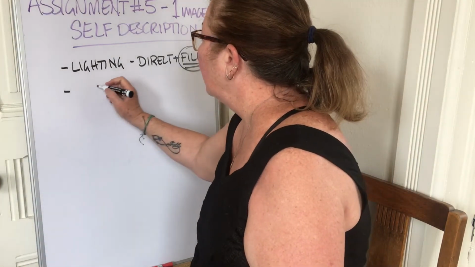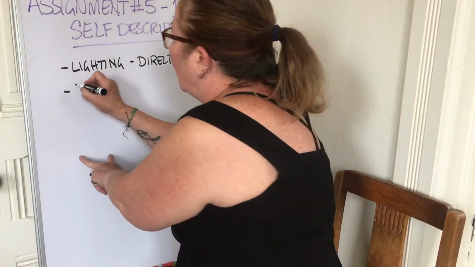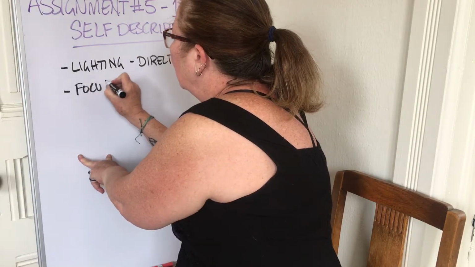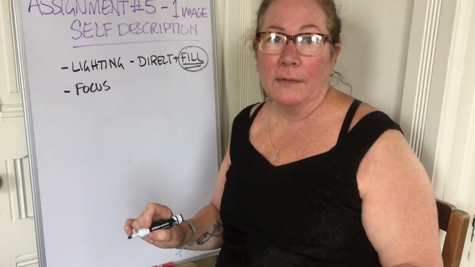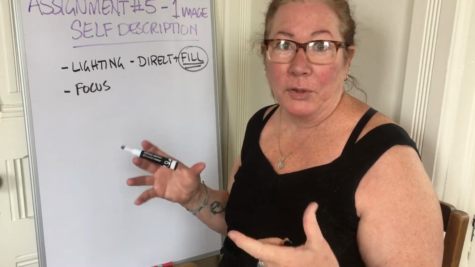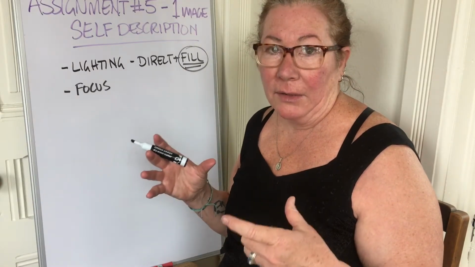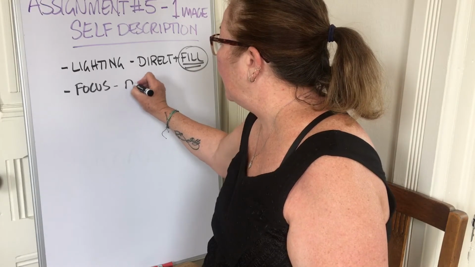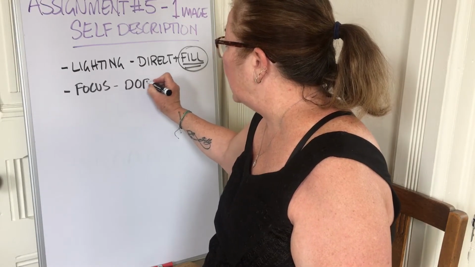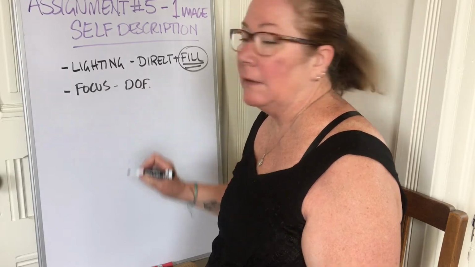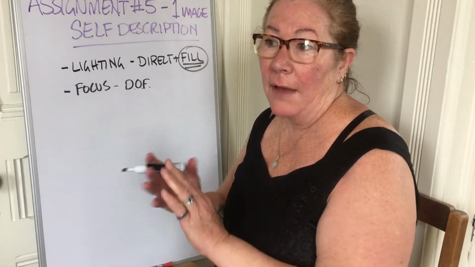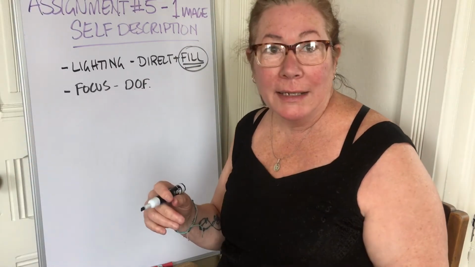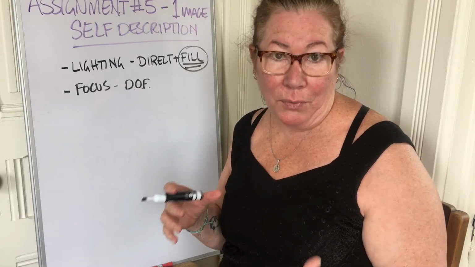Okay, you're going to want to make sure that your focus is on your objects, right? So your focus is correct. We don't want them blurry, right? So your focus and your depth of field. Right? Do you need to have a narrow depth of field for this particular one, or do you need to have a wide depth of field? You need to decide, and you need to make it work with your camera.